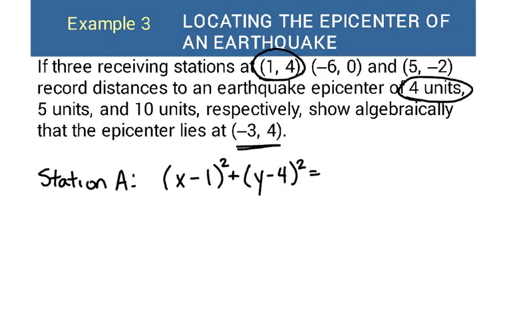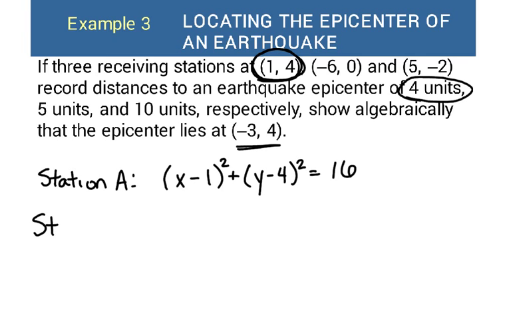That's the radius, how far away they felt the earthquake from. This is the epicenter. So that's going to give us 4 squared, which is 16. So there is the equation for station A.